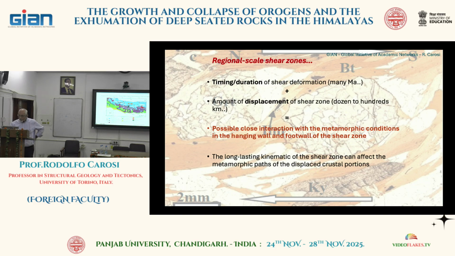At the end, we were able to trace this discontinuity from northwest India, western Nepal, central Nepal, Sikkim, Bhutan, for more than 1,400 kilometers. This stuff is the Greater Himalayan sequence.